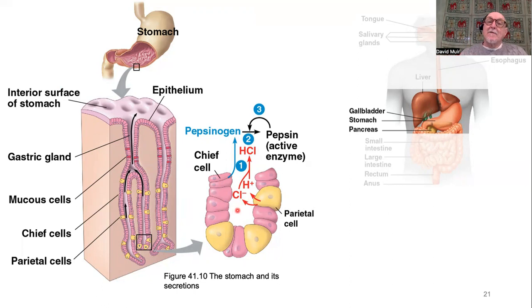But when pepsin is produced here in the folds of the stomach wall, it's actually produced in a precursor form, pepsinogen. You need to think about this, because if a cell is producing a very powerful enzyme, that enzyme is floating around inside the cytoplasm. It could digest the cell from the inside out.